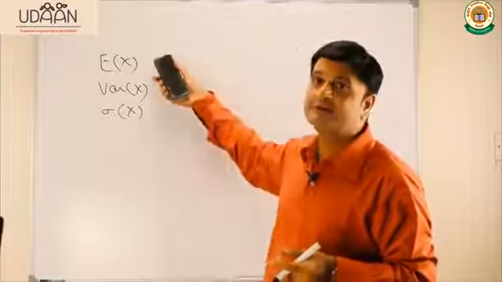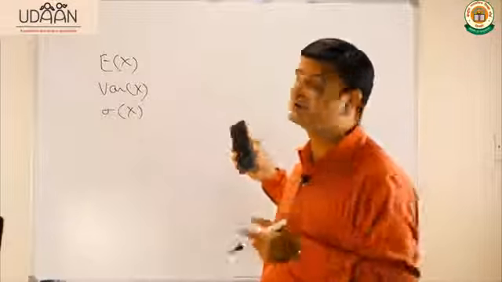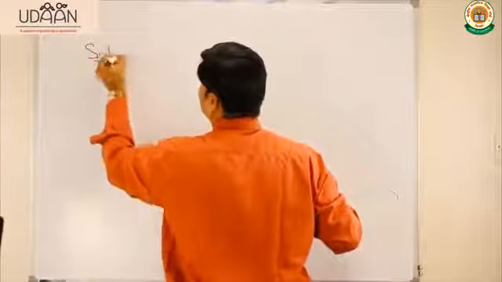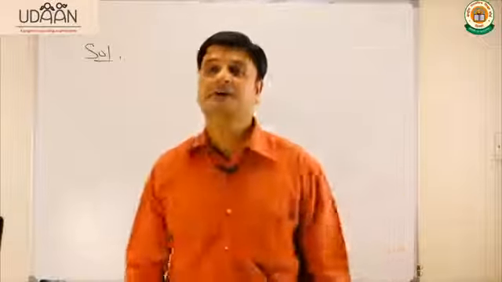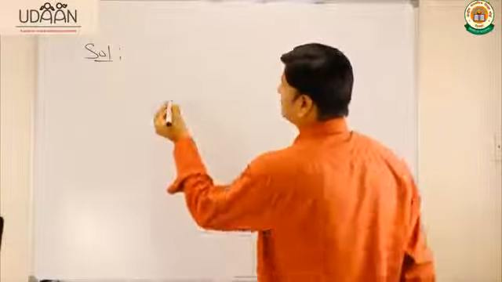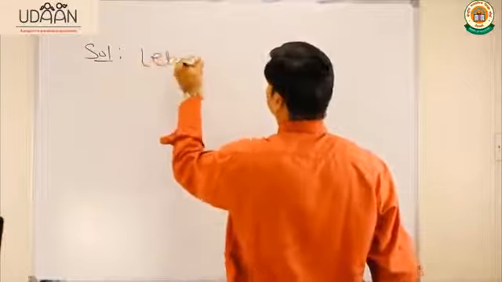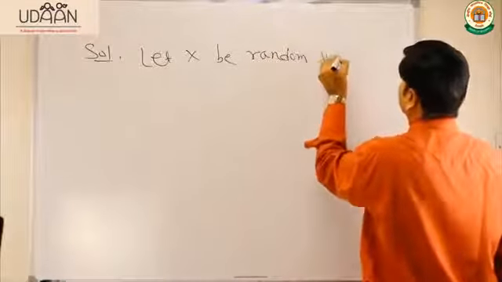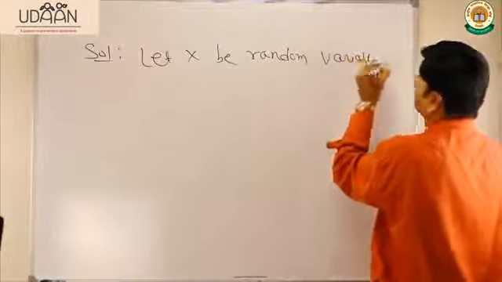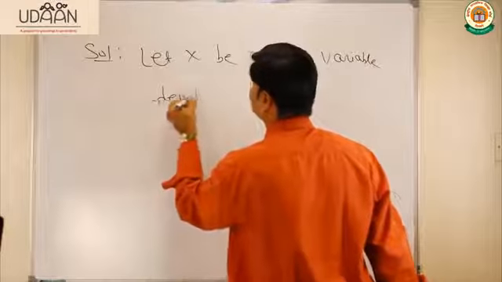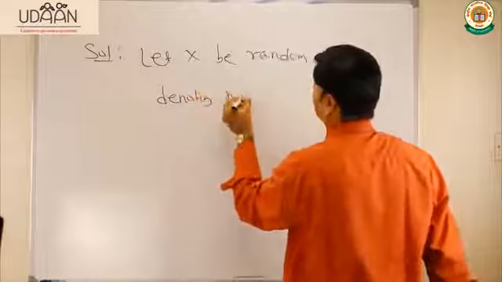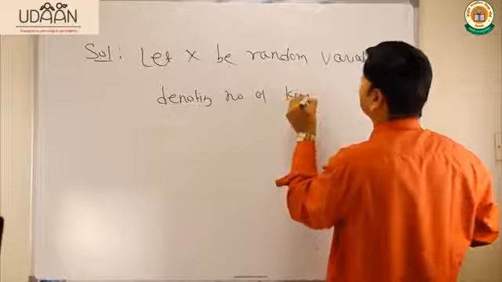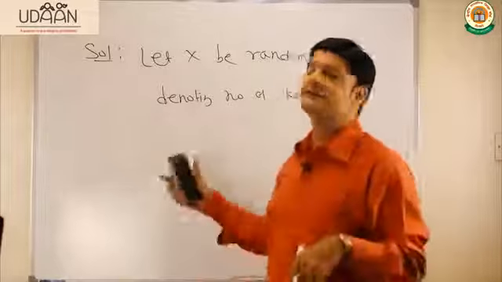we will use that for finding all of these, as I discussed just now. So your starting will be, as I draw two cards from the pack of cards, obviously the first thing is denoting the random variable. Let capital X be the random variable denoting the number of kings, because here you have to find mean, standard deviation and variance for kings.